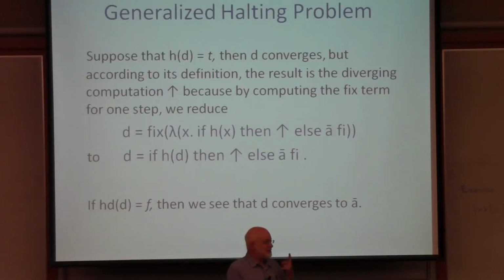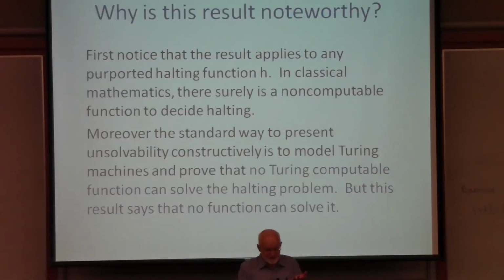There's no indexing of Turing machines. There's nothing, right? There's hardly anything to this argument. But it's a very strong argument. This argument is not consistent with classical mathematics, right? Because we're saying there is no function in the type theory, in the Nuprl type theory, that can decide the halting of that stupid little fixed point function.